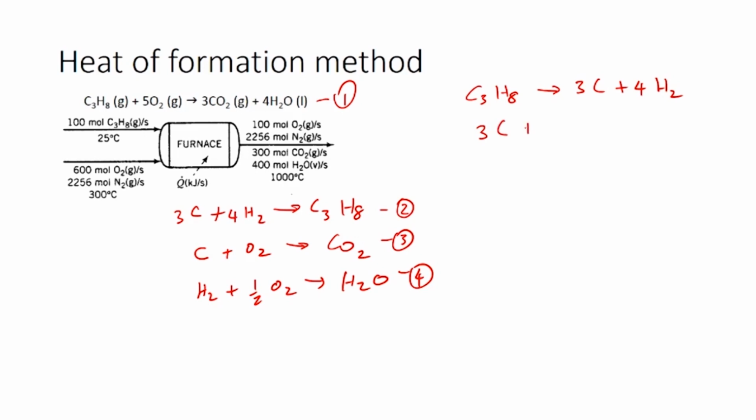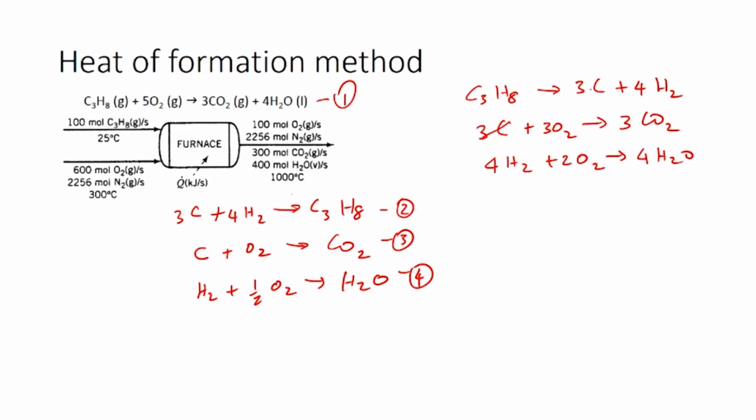So, you have 3C plus 3O2 gives 3CO2, and the fourth equation becomes 4H2 plus 2O2 gives 4H2O.